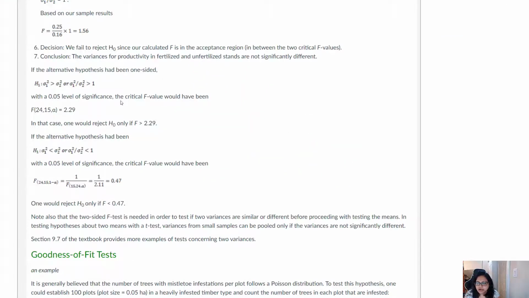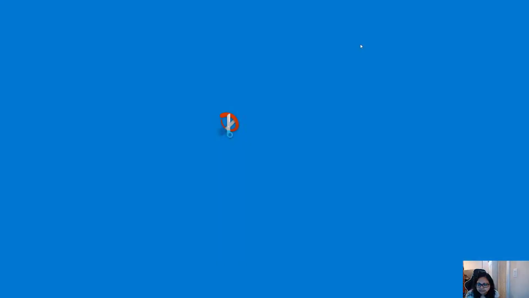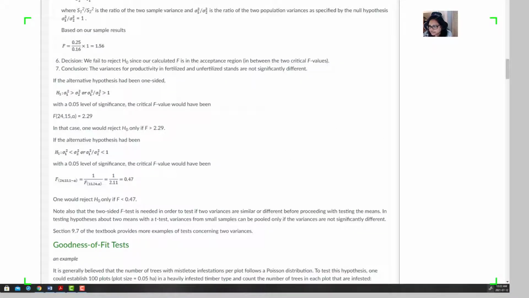So we saw how we can perform hypothesis testing if we have two variances, where we have critical regions on both sides. But if the rejection region is on one side, let's draw that.